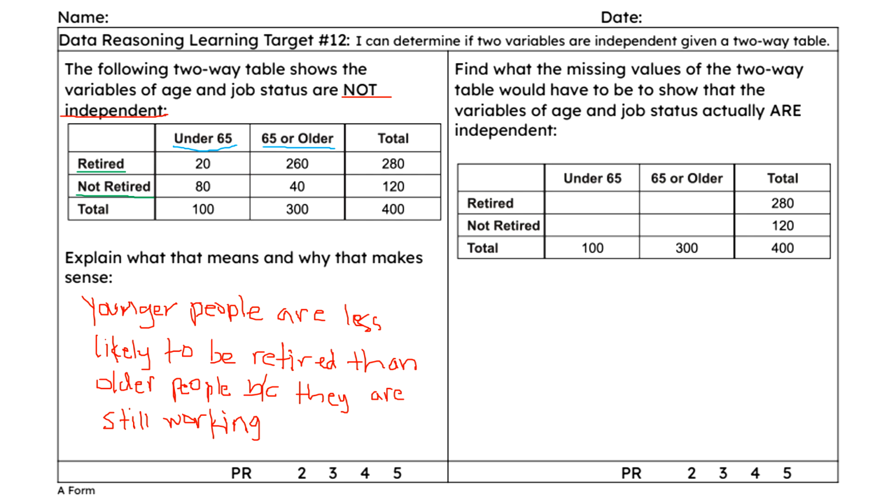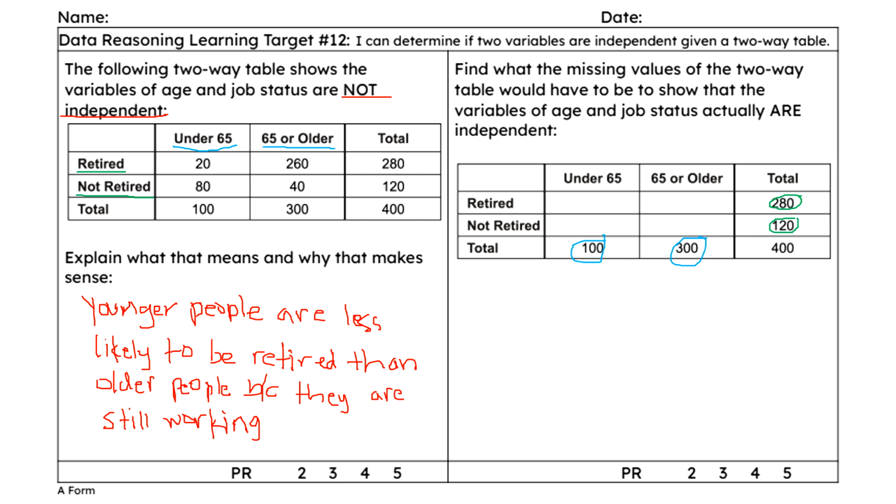We're still given the same totals. Let's still say that we survey 300 people that are older than 65 and 100 people that are under. Let's say still that we have 280 people who said they are retired and 120 who said they're not, but we want to redistribute them so we get equal proportions.